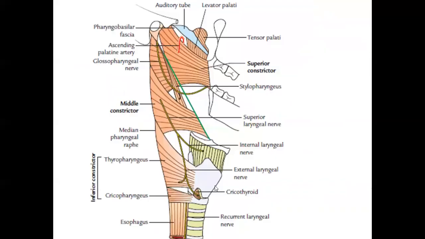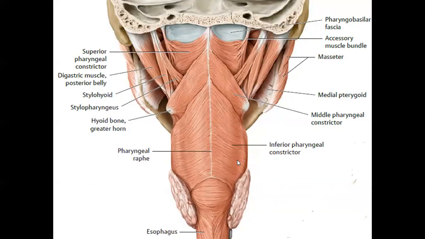So far, they are circularly arranged, and they come from the openings of the nasopharynx, oropharynx, and the larynx. They move backward in a fan-shaped manner, and then they are inserted into this fibrous raphe, known as the pharyngeal raphe, which we said was inserted into the pharyngeal tubercle, if you remember the norma basalis, and this fibrous raphe extends from the pharyngeal tubercle till the esophagus.